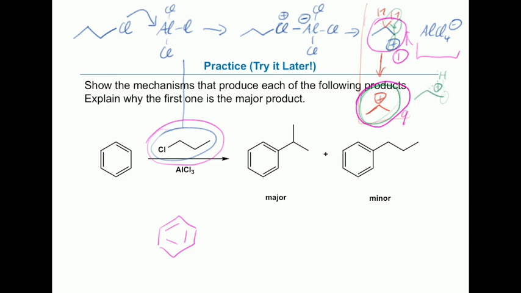These are just numbers for illustration, 9 to 1 might be the ratio we'd expect, but it really comes down to the stability of these two. So if we were going to capture the primary carbocation, we're going to make this guy, and then the base picks off that proton and closes.